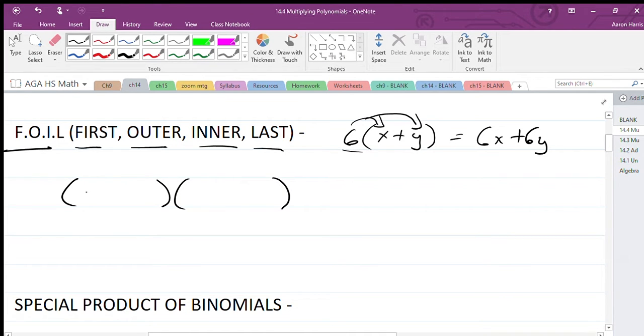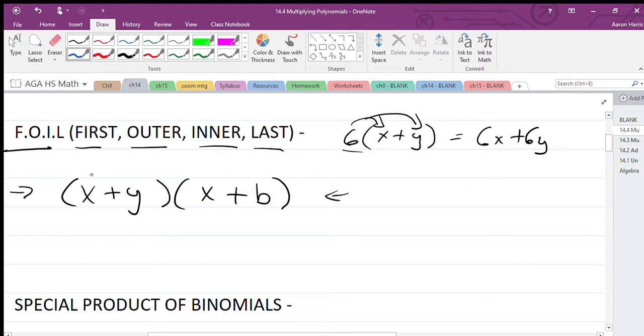So let's say that it is x plus y and x plus, let's just change it to b so you understand that things are a little bit different. Okay? So here we go. I need to multiply every term in this first one to every term in this second one. Okay, so what does that mean?